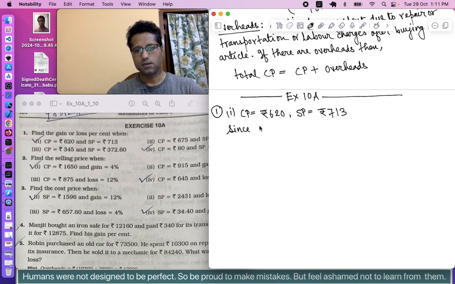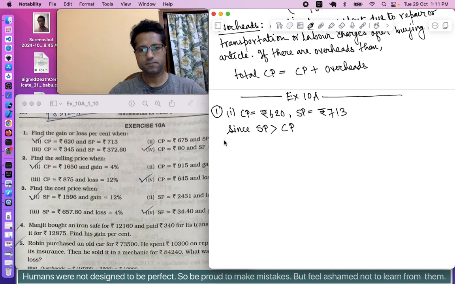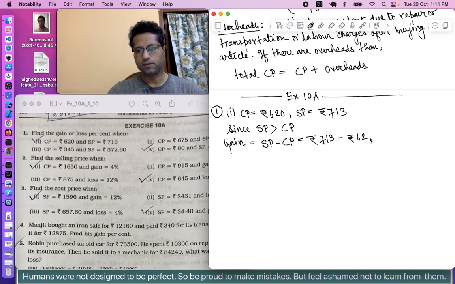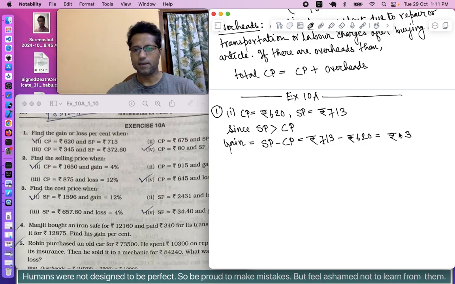Since selling price is greater than cost price, gain will be equal to selling price minus cost price, which is rupees 713 minus rupees 620, which is rupees 93. Rupees 93 is the gain.